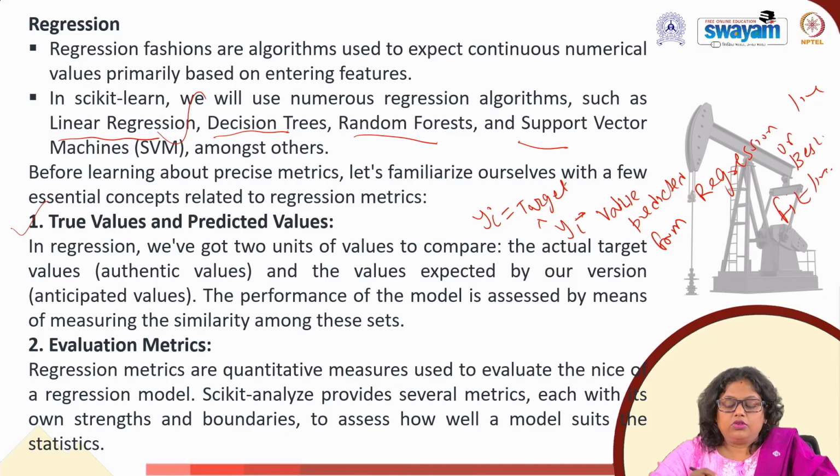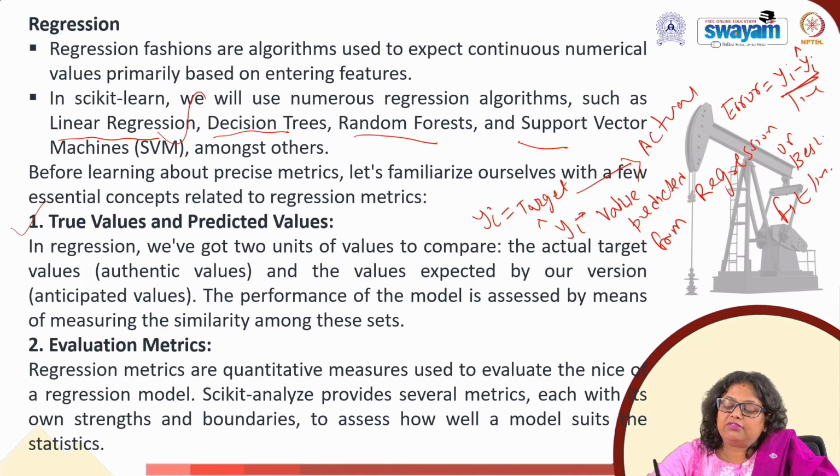So the target has the actual value, and we also have the predicted value. These two values are not matching, and that we term as error. So the error is yi minus yi hat.